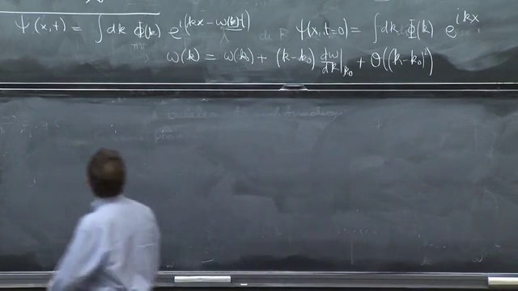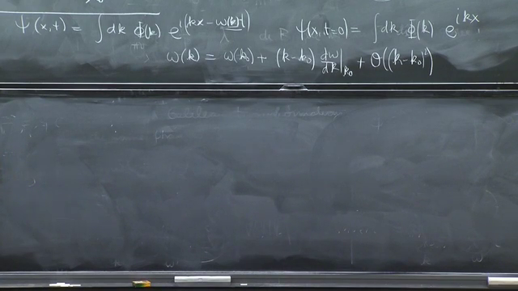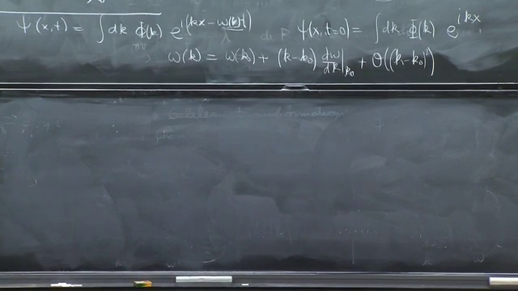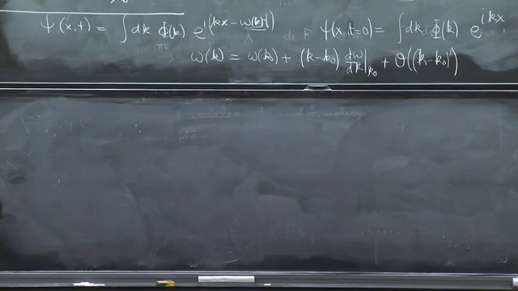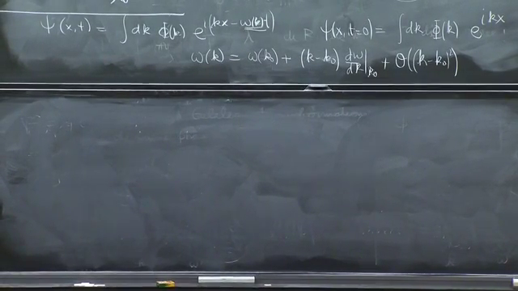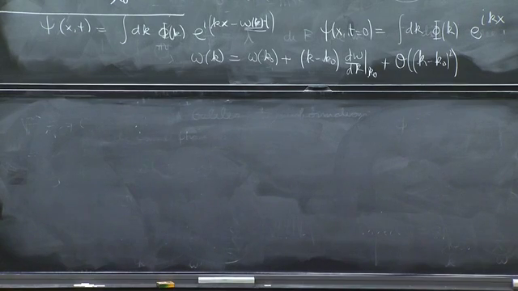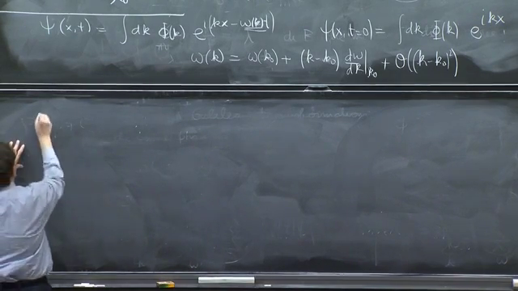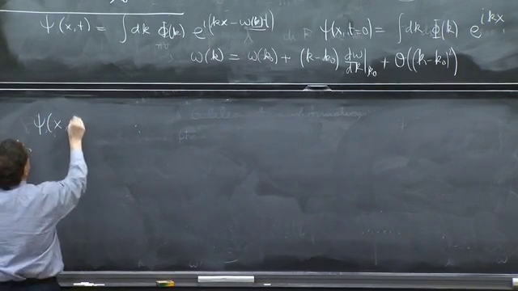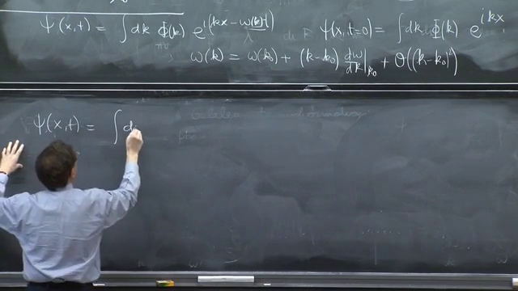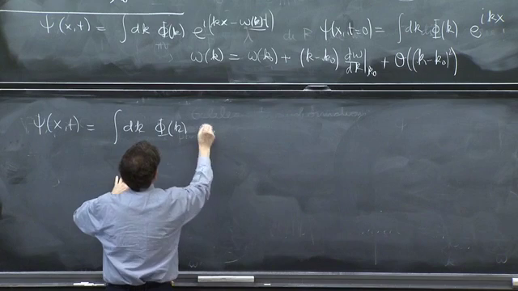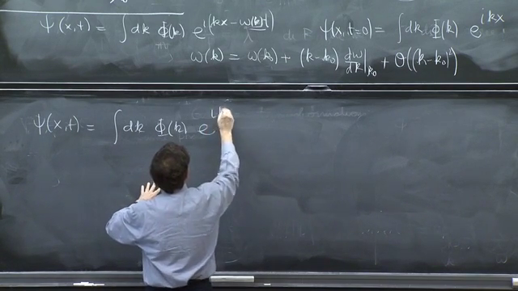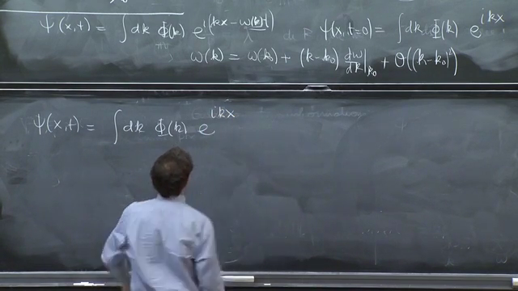So now we have to plug this into the integral. And this requires a little bit of vision, because it suddenly seems it's going to get very messy. But if you look at it for a few seconds, you can see what's going on. So psi of x and t, so far, is the integral dk phi of k e to the i kx.